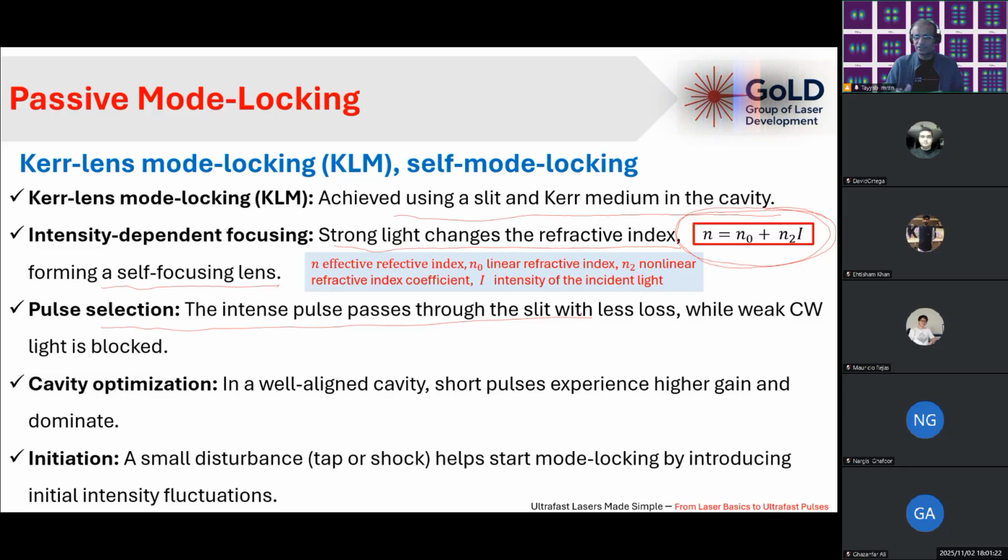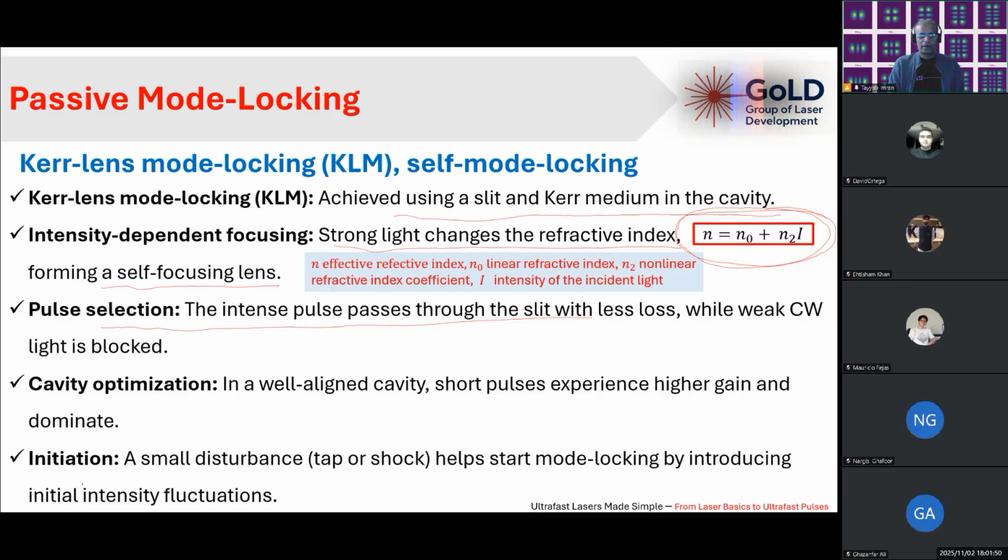You can see the next slide, the arrangement, what kind of arrangement it could be. Cavity optimization is the same thing. It has to be well aligned, and the short pulse experiences higher gain and dominates because of this effect of intensity dependent refractive index.